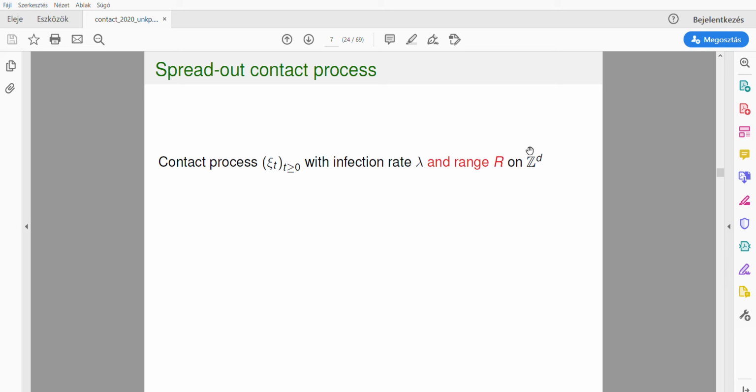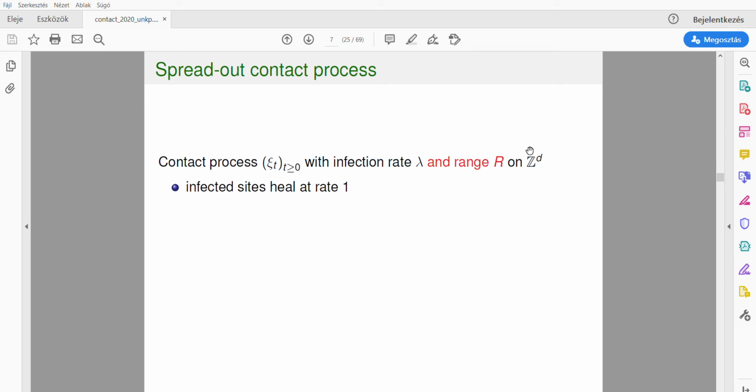We still talk about a continuous time Markov process on Z^d. Each person on Z^d can be either healthy or infected. But now you're going to spread the infection not only to your nearest neighbors, but in a ball of radius R.